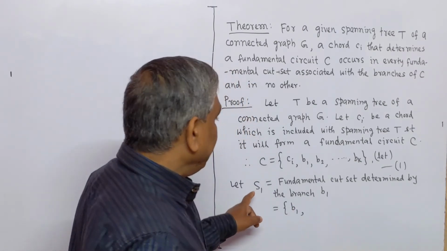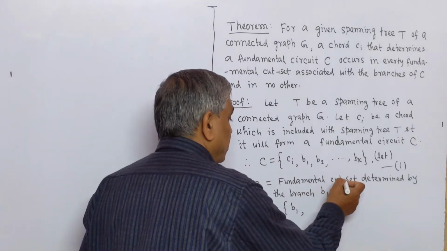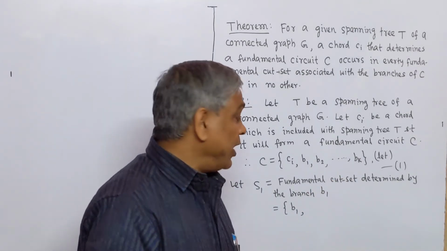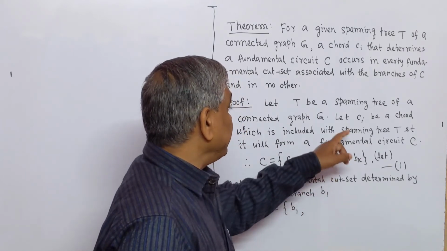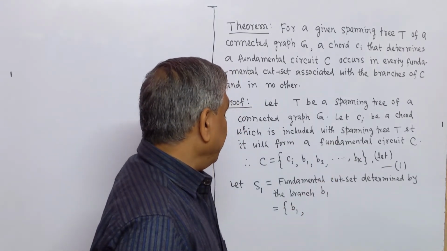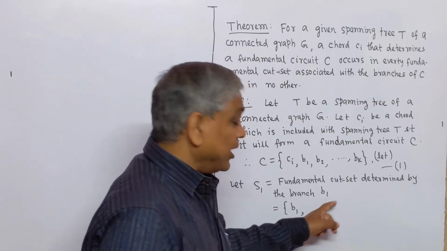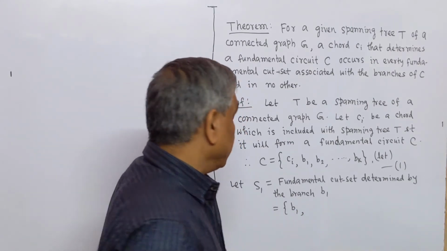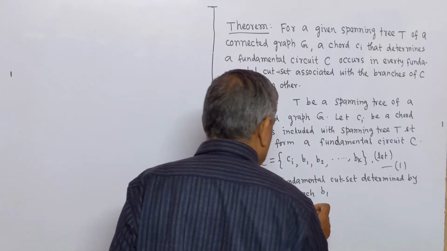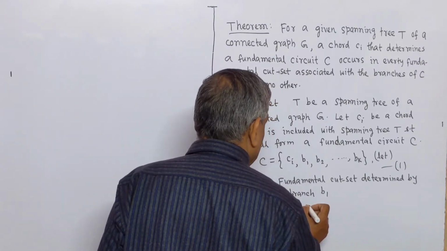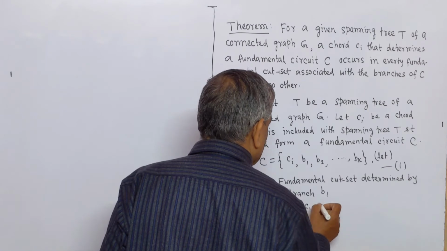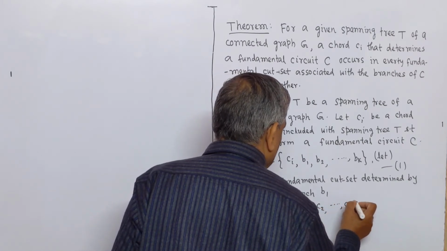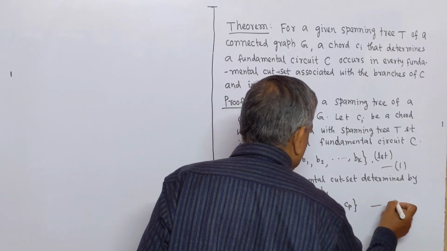Since a fundamental cut set will contain exactly one branch of the spanning tree T and other edges are chords, let the chords be C1, C2, up to CP. Let this be number 2.